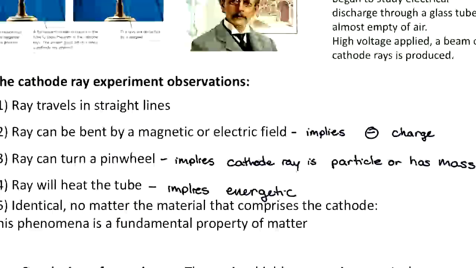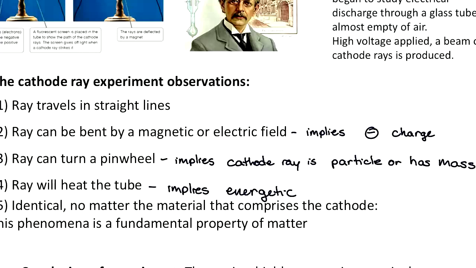So what's happening? It's moving, so what does that imply about this mystery beam? It must have mass, and I wrote it for you, so I kind of scribbled it, but that's okay. So this ray can turn a pinwheel, so it implies that the ray has mass. If we let this go, it's still spinning. The ray heats up, so it's highly energetic, and we see that all matter will do this phenomenon, regardless if we put iron, silver, gold as our cathode.